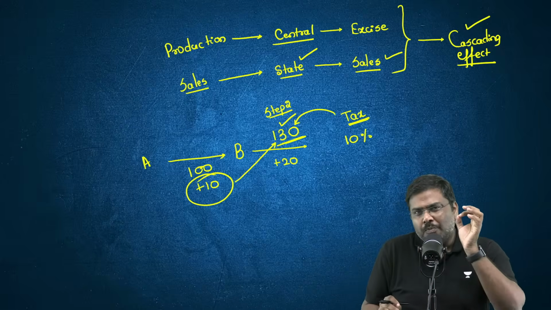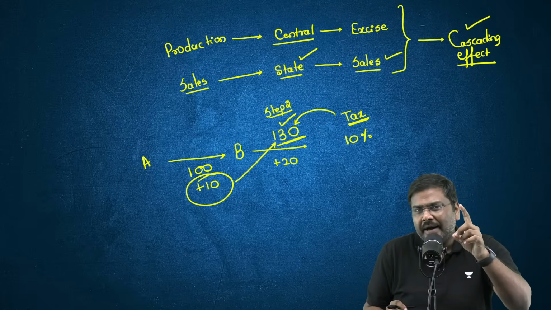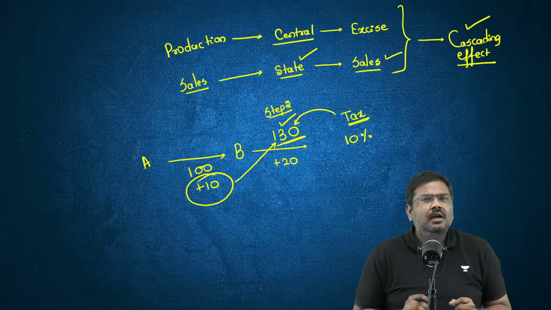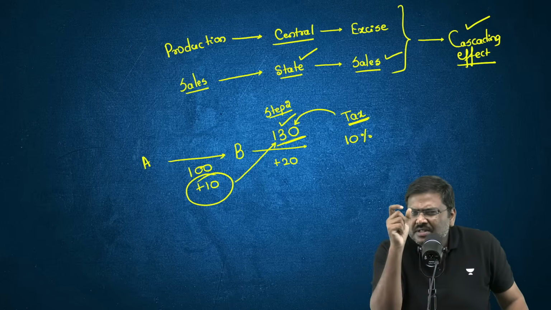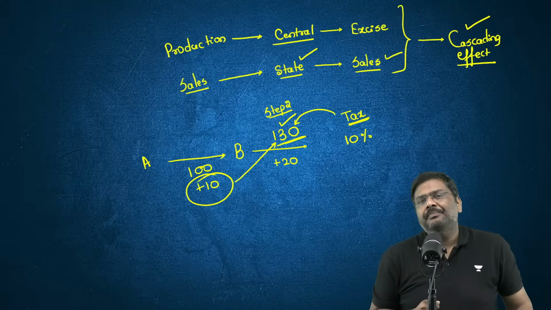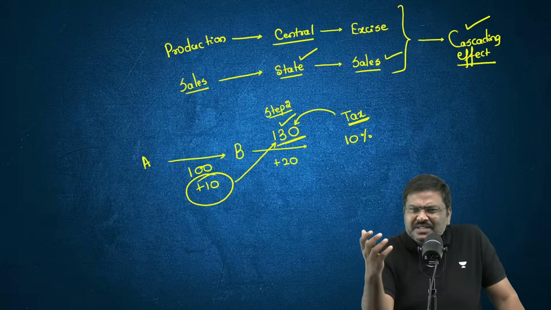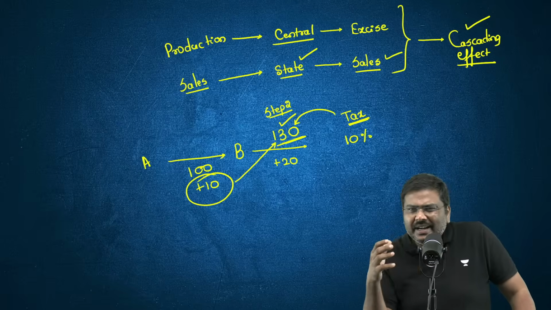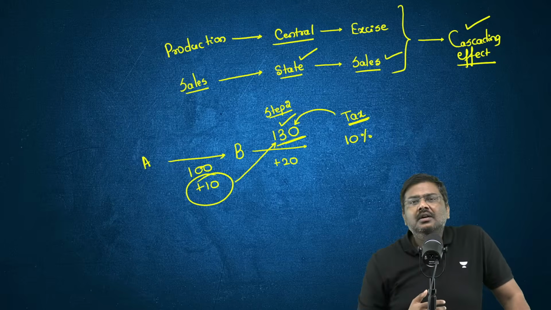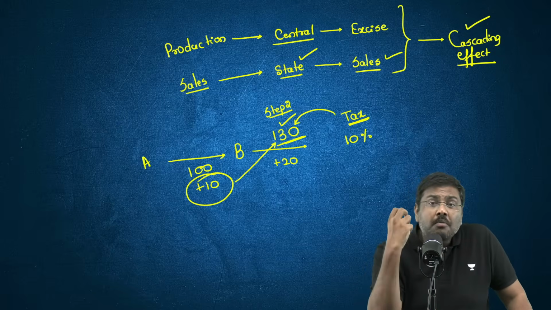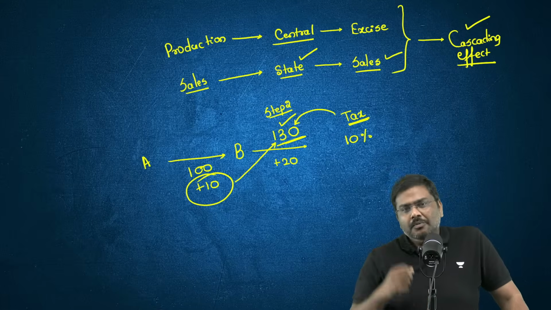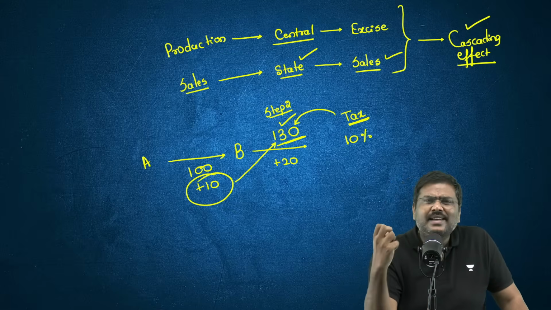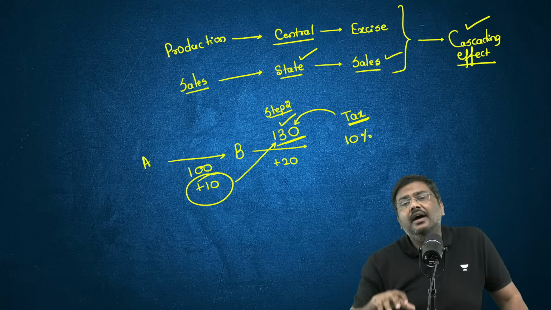Now, from the viewpoint of the manufacturer, just think of it. Do you think this kind of a taxation structure is preferable? Where from one state to another state, tax rates are different. From the center to the state, taxes are different. Right? So this will create a lot of complexity. From the viewpoint of the manufacturer, this will create a very, very complicated web of taxation structure throughout India.